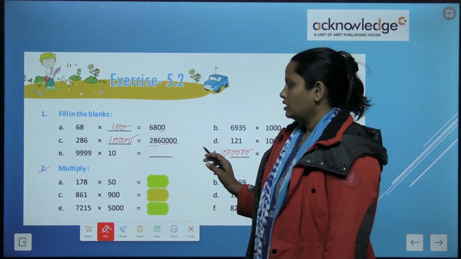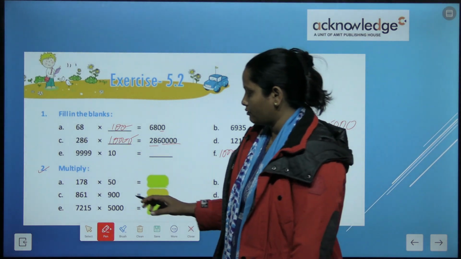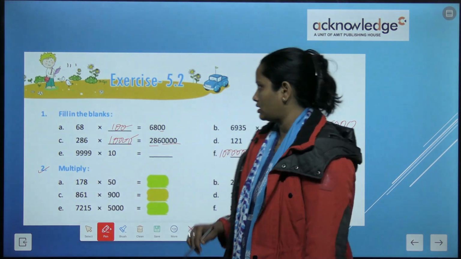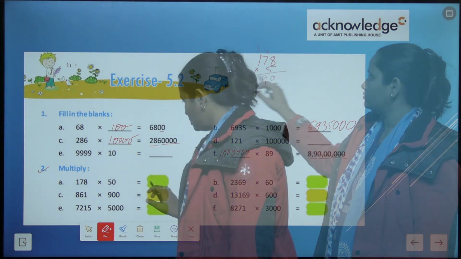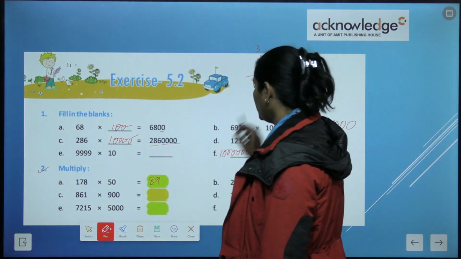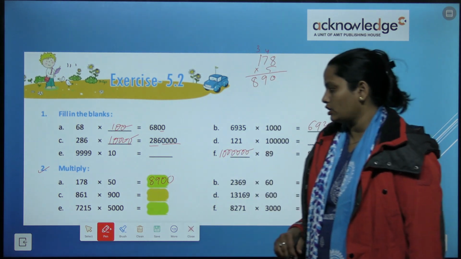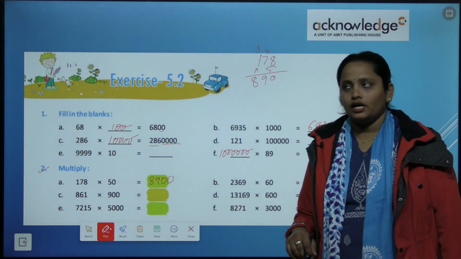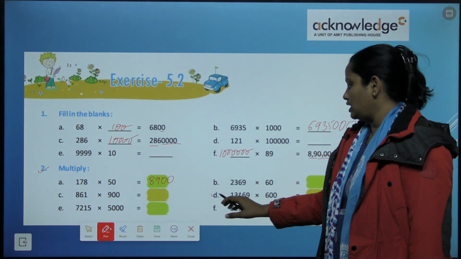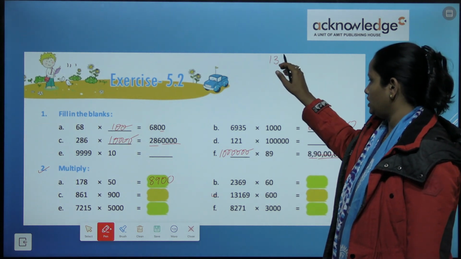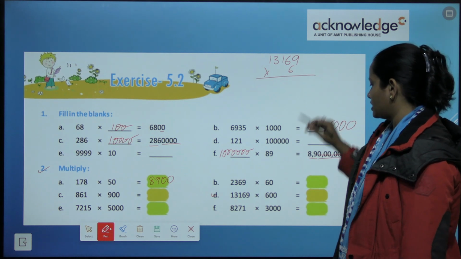Now next, multiply this number by 50. So what we have to do, हम 5 से पहले इन सबको multiply कर देते हैं. So 178 multiply 5. So here the answer will be 890 and कितना zero है 1, तो वो 1 0 हमने add on कर दिया. So this is the answer. Now similarly let's do this D part. 13169 को multiply करेंगे 6.